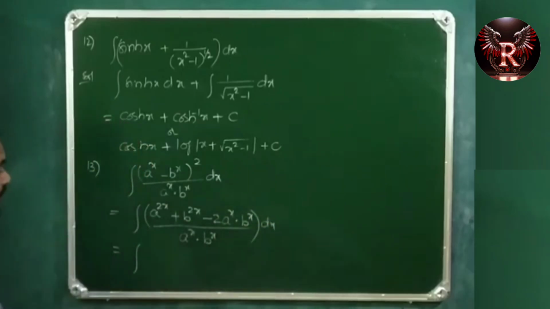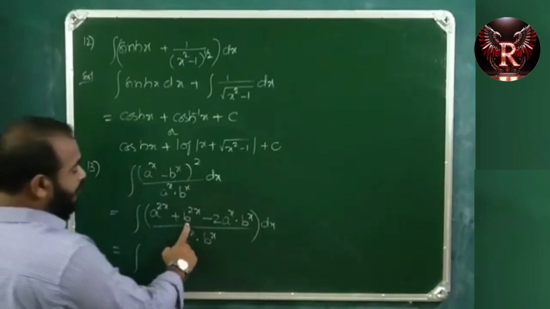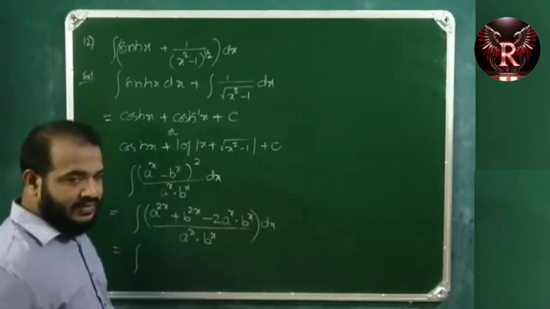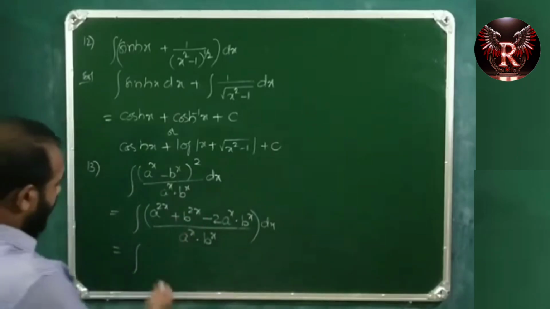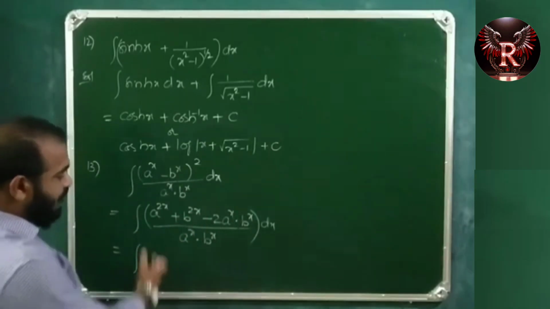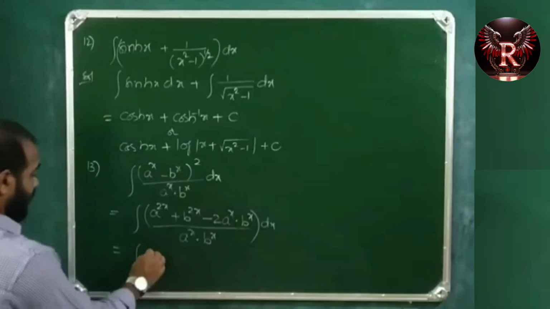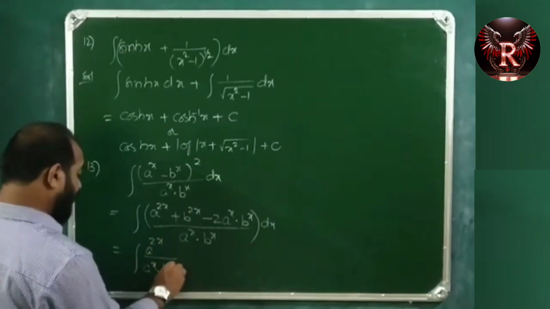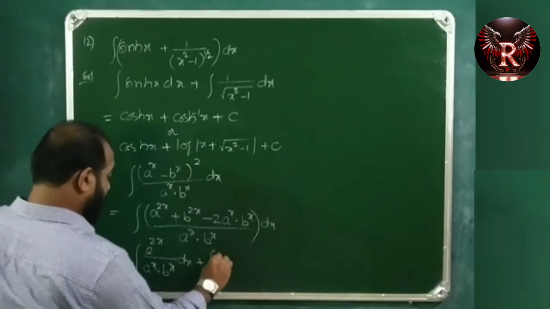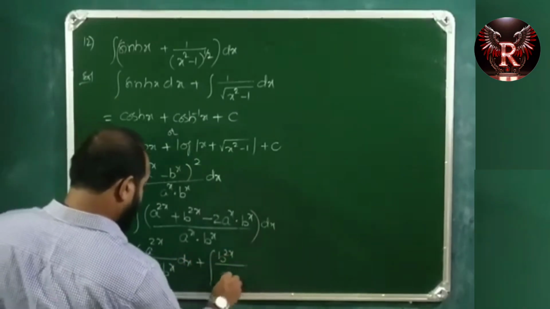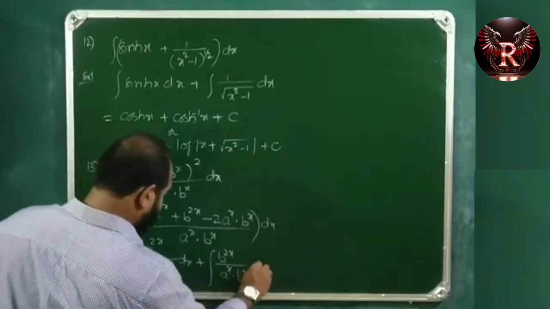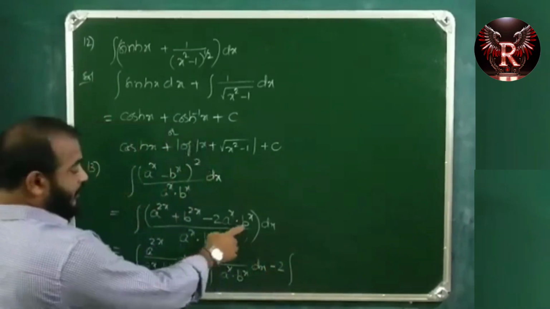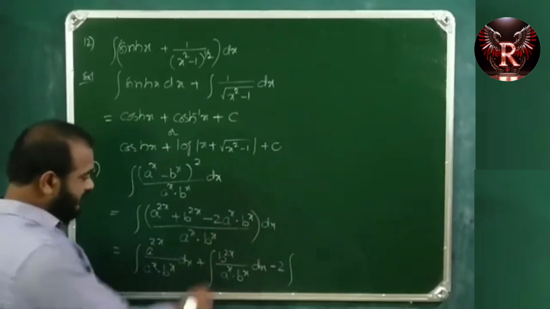This is of the form (a plus b minus c) by d, equals a by d plus b by d minus c by d. So the integral is to be shared for three functions. This is a power 2x by a power x into b power x dx, plus b power 2x by a power x into b power x dx, minus 2 a power x into b power x by a power x into b power x, which gets cancelled.